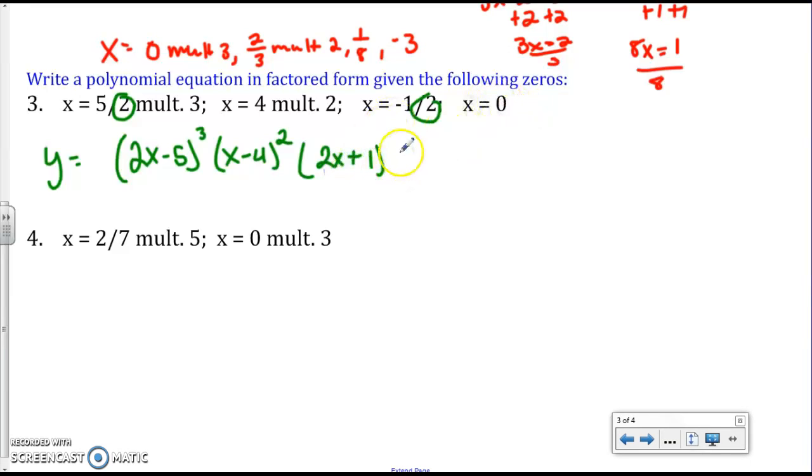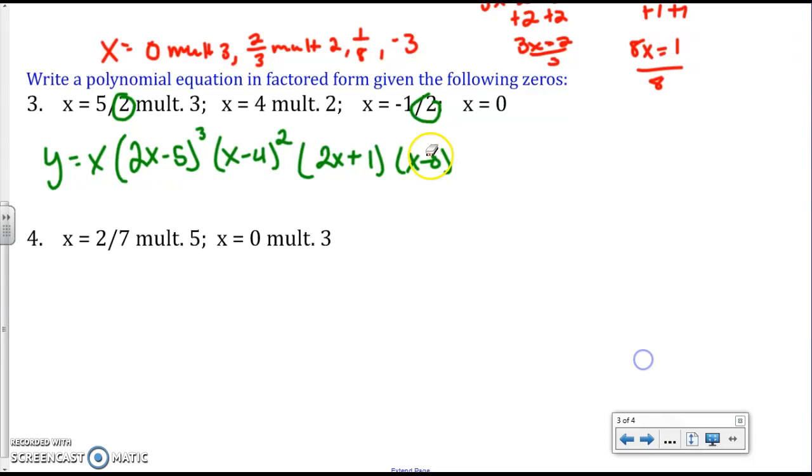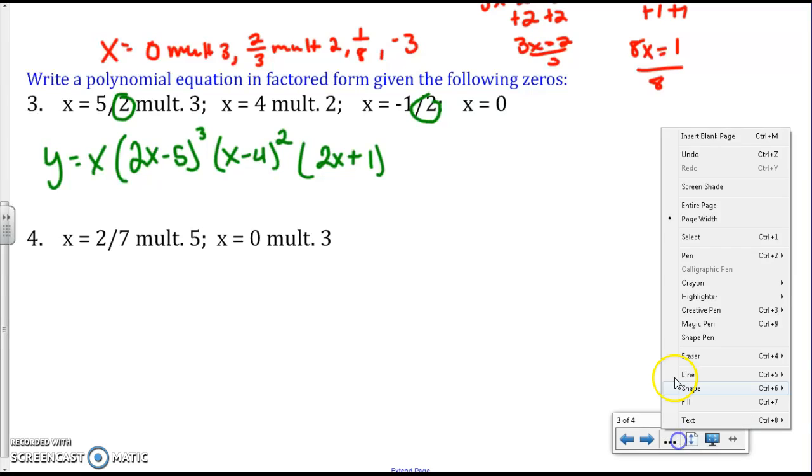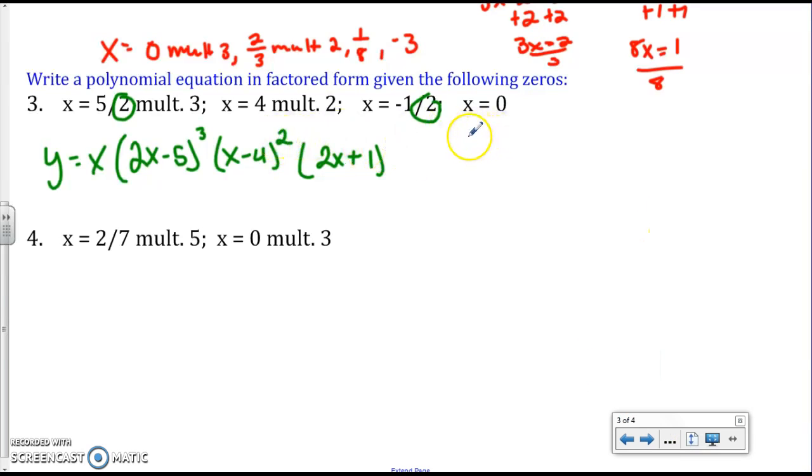Okay, another fraction, denominator goes in front of the x, change my sign for the numerator. And now typically, some people are going to write this here, x minus 0, x plus 0. I usually just put an x in front, and that's how you're going to see that show up in your answer keys. This will not be marked wrong if you put it there though. So if you do x minus 0 or x plus 0, you're good as long as you have it there. Okay. One more, denominator goes in front of the x, change your sign for the numerator, my exponent's 5.